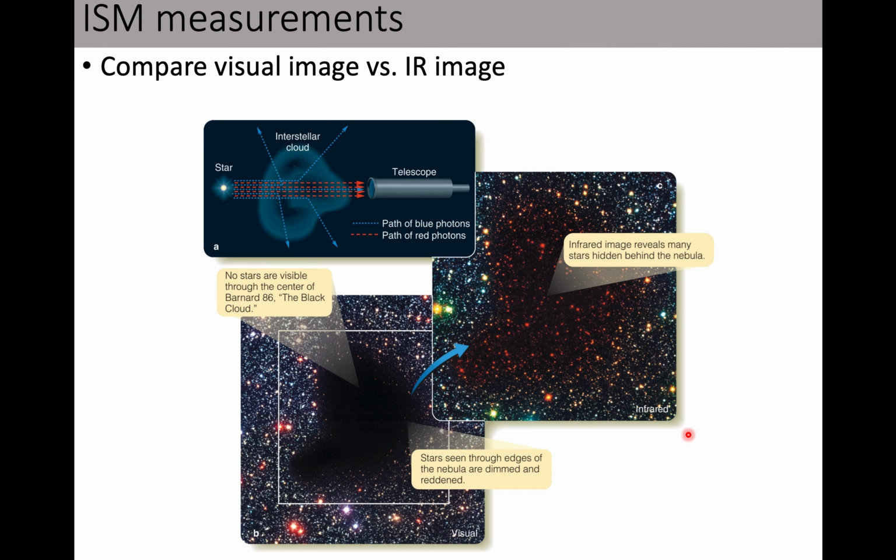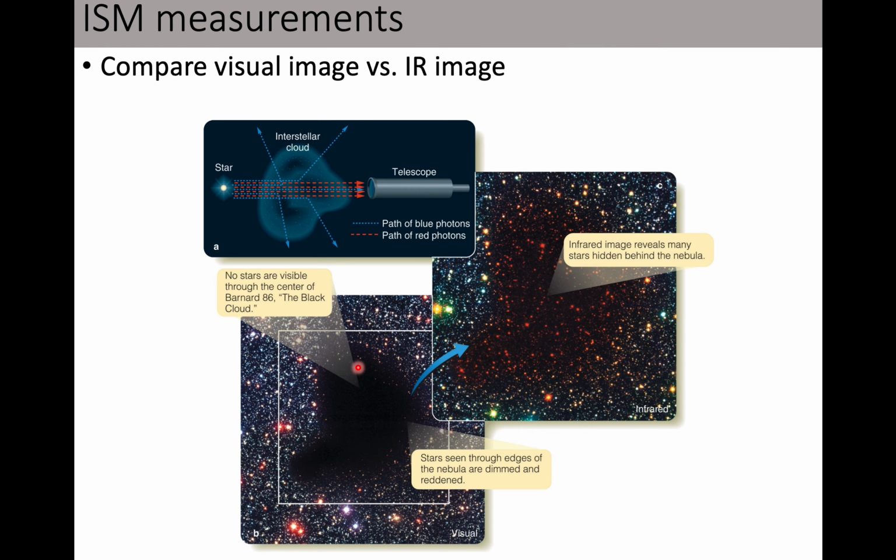So if we look at some observations of this interstellar medium using a telescope, here down here is the visual image. Here we see all sorts of stars on the outside. However, we see this blob of darkness. Now we know that this is not an empty area of space, but what we're actually seeing is the ISM blocking the stars behind it.